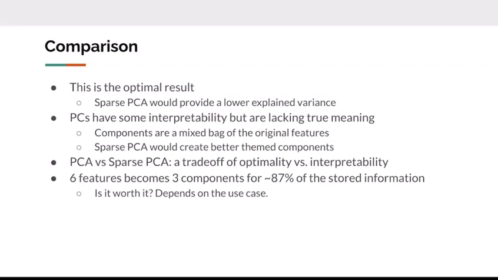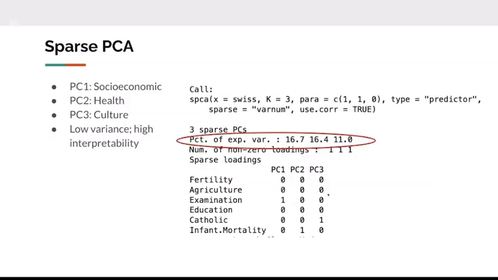For comparison, we also learned about sparse PCA in class, which is another method for PCA. However, it tends to provide more interpretability, but also a lower explained variance. So we wanted to see how that worked in our data set. We ran sparse PCA in R, and right away we can see that the percentage of explained variance is much lower.